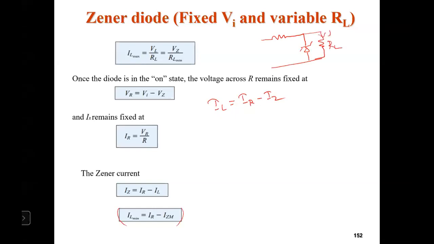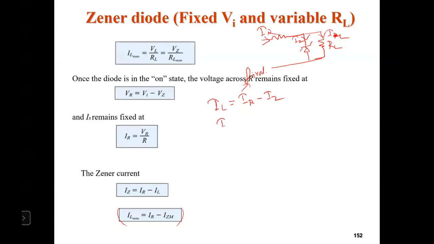So this is your IL, this one is IR, and this current is IZ. IL equals IR minus IZ. This IR is fixed, but IZ can vary.